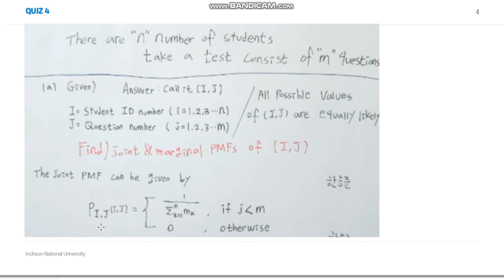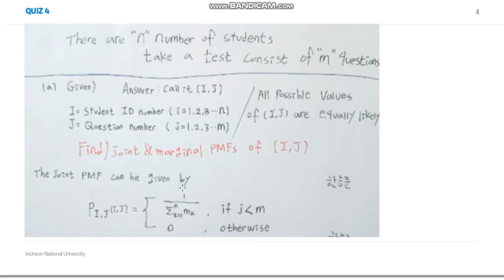So let's look at it: 1 over the sum over k from 1 to n of m_k, and this means all possible values of (i, j) are equally likely.